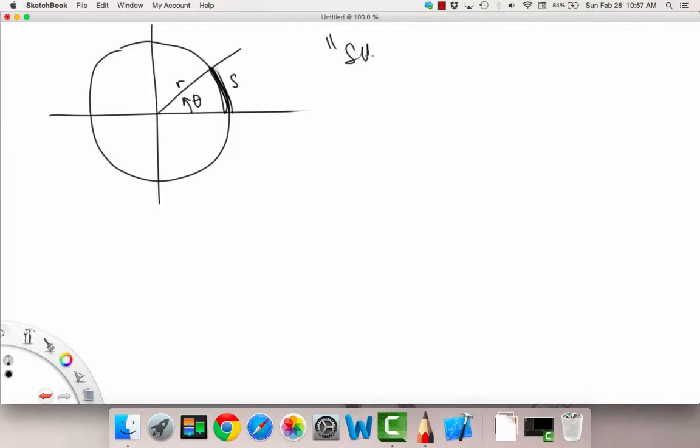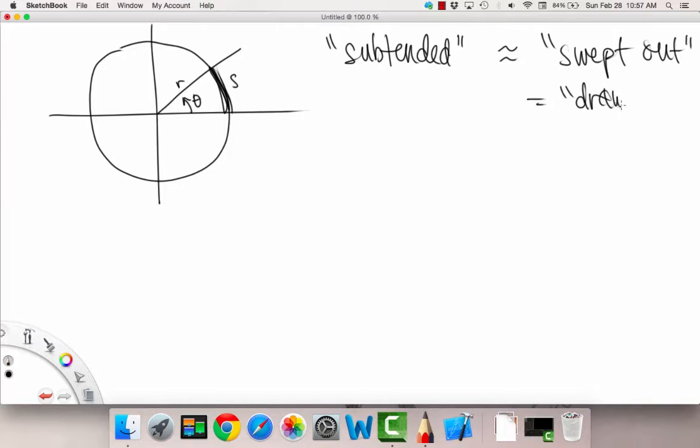Sometimes you'll see the word subtended. The way I think of that is it means swept out or drawn out. So that just means created by rotating a certain angle. So S, arc length, is equal to r times theta, right?